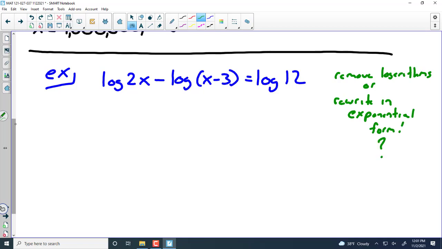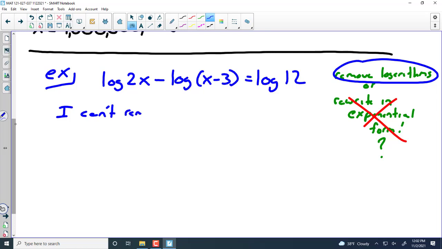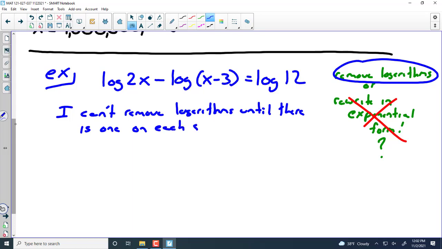Which one? We are going to remove the logarithms, but we can't do it yet. We are going to remove the logarithms, but I can't remove logarithms until there is one on each side.